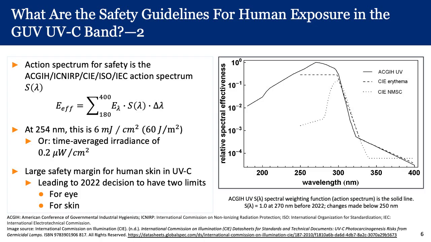So there's a very large safety margin for exposure of the skin. And there was an effort then in 2022 to split out action spectra. If you have eye protection, you could have higher exposures for the skin. So there's actually a TLV for skin where the eye is protected.